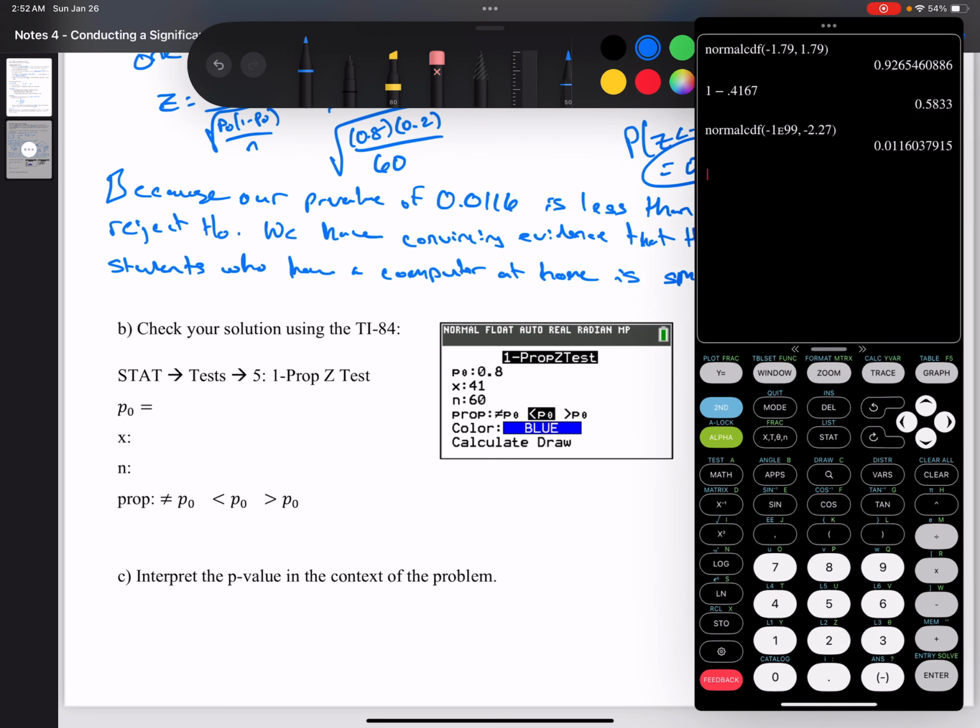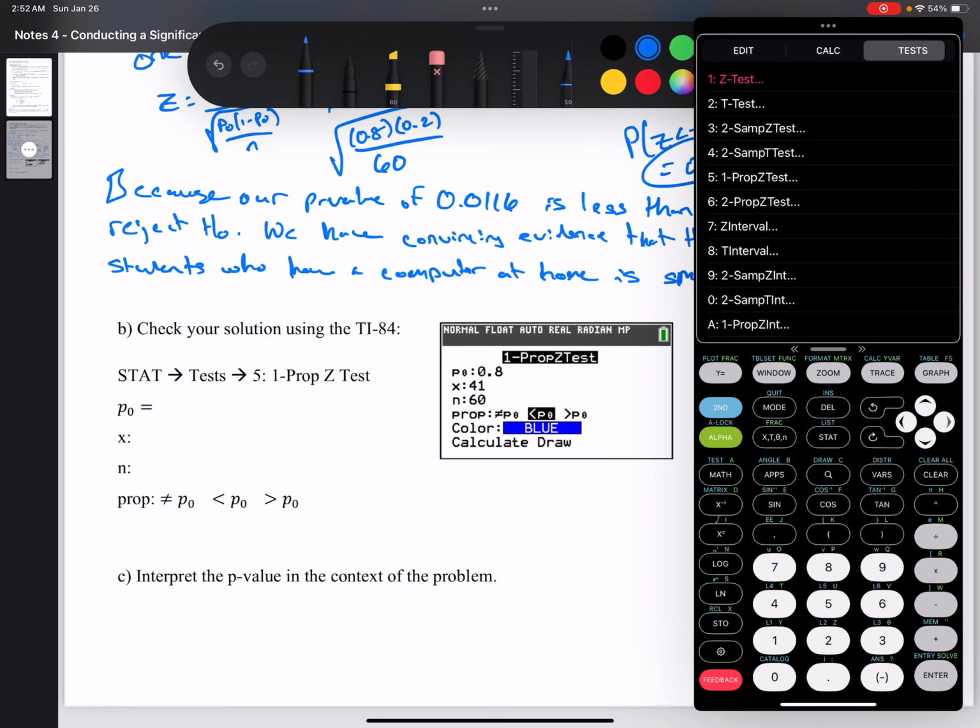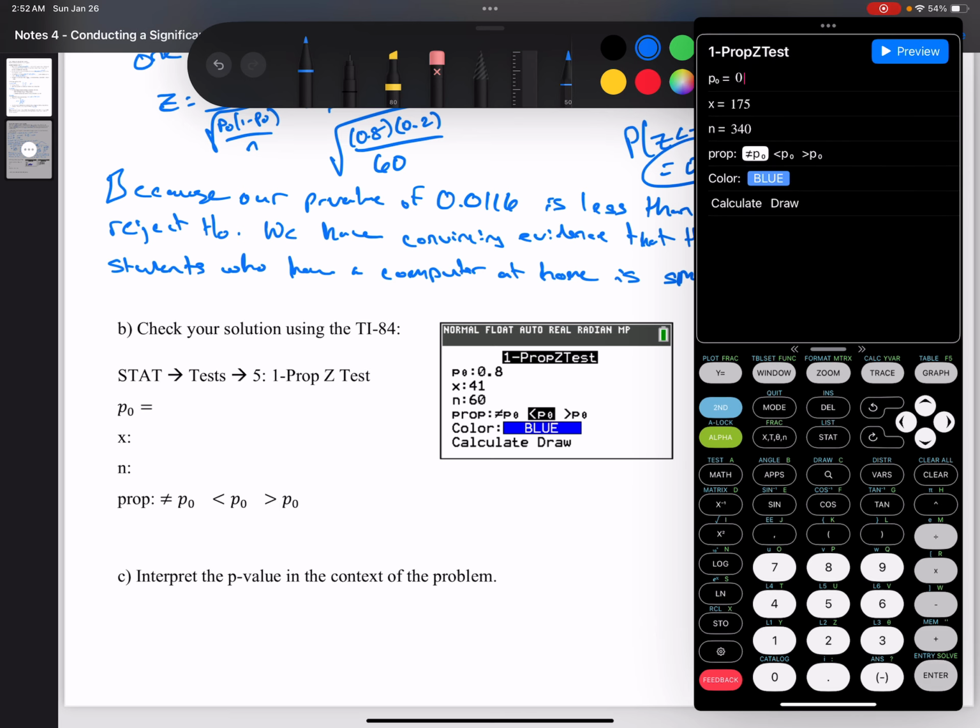So when you go to that, we go to stat this time, and you go to tests, and we're looking at the one prop z-test. And then it's going to ask you for a couple things. The P naught is, of course, going to be the claimed proportion, which in this case was 0.8. Okay.